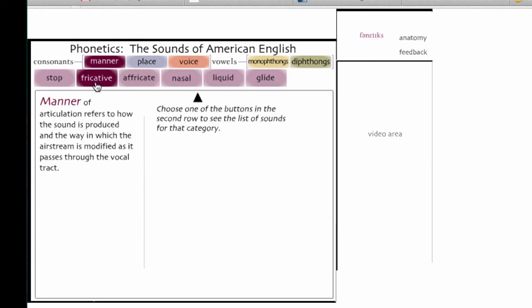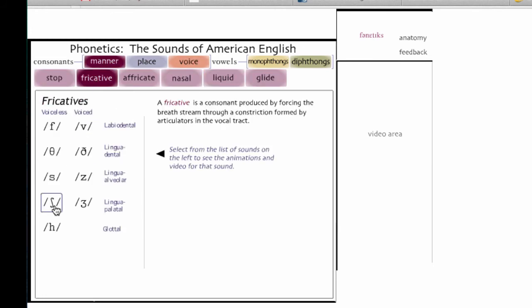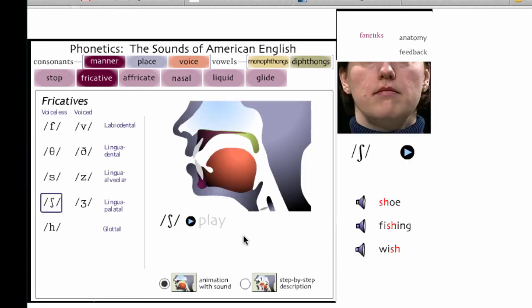So let's take a look at one. Let's take a look at the sh sound that we've been working on. As you could see here, it's a fricative, voiceless. Fricative, voiceless. And you can see how it is pronounced here.